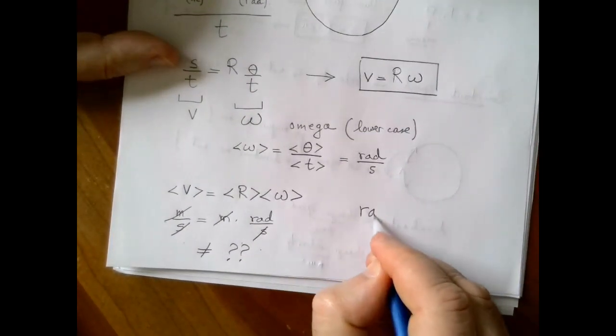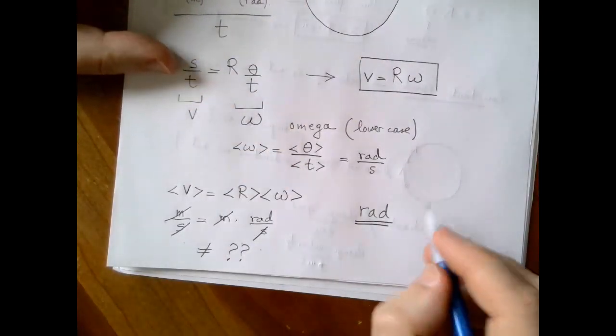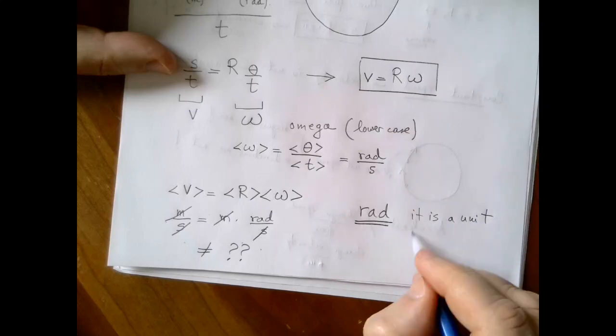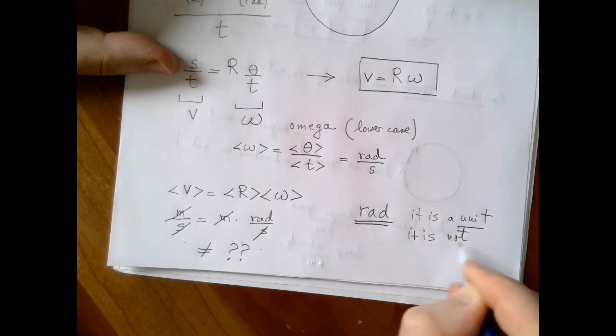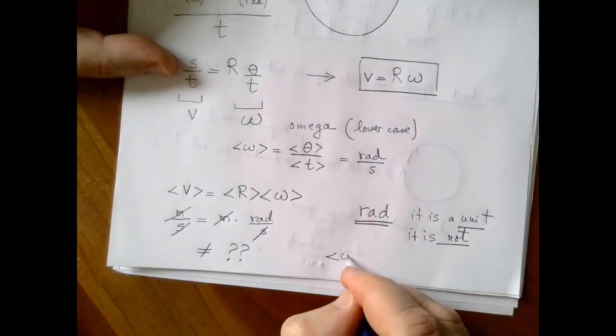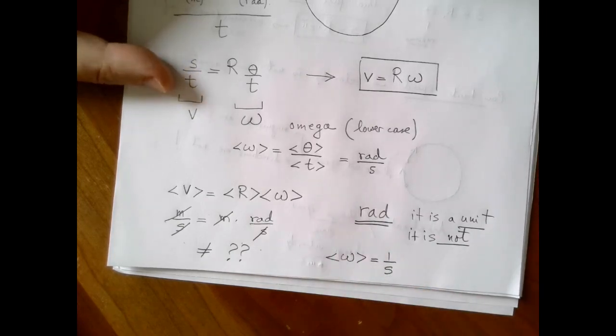The radian is very strange. It is a unit, but at the same time, it is not. It wouldn't be wrong to say that the unit of omega is 1 over seconds. It would be correct.